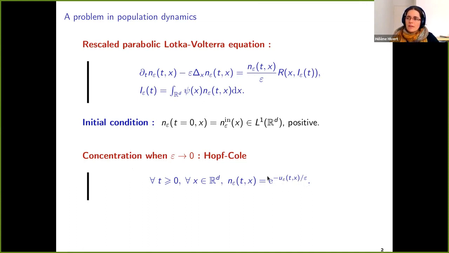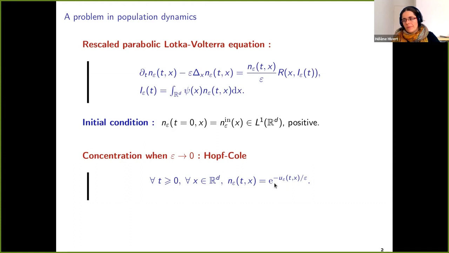It is expected, thanks to a maximum principle, that u is positive when epsilon goes to 0, and in fact it can be proven that u is greater than a constant times epsilon, so it can be negative but not much.